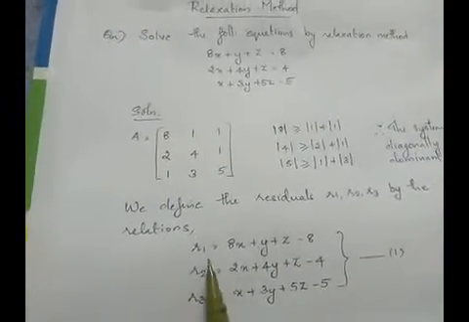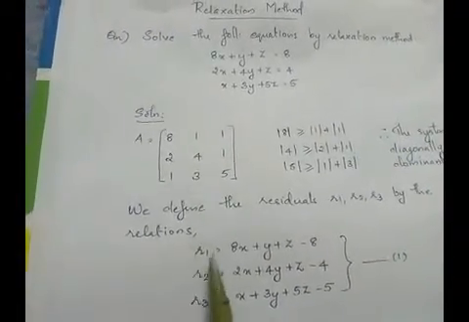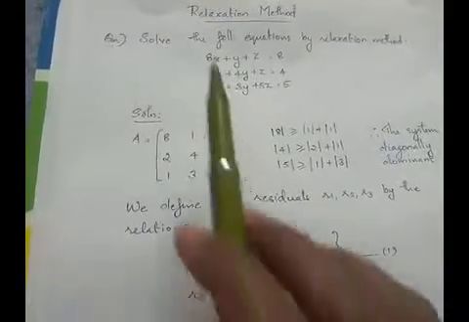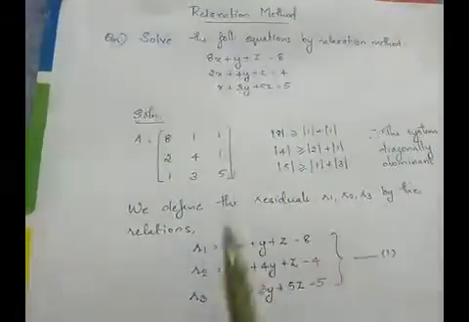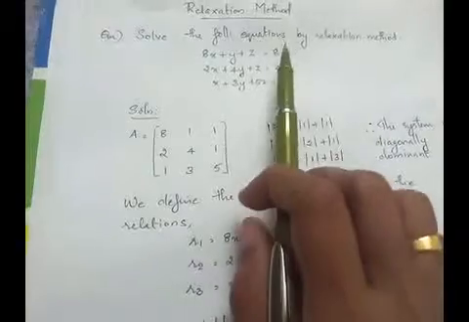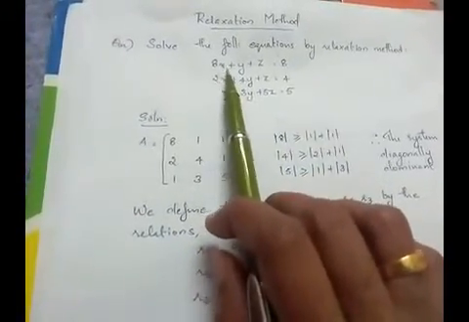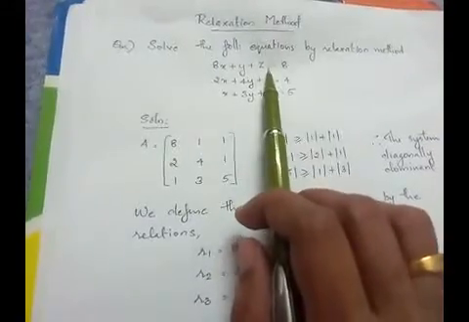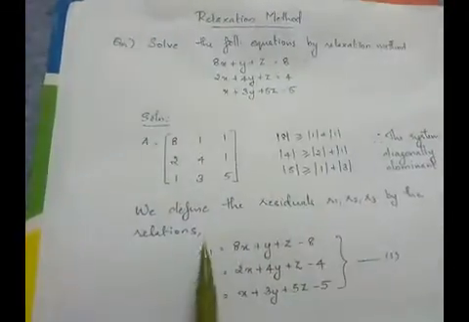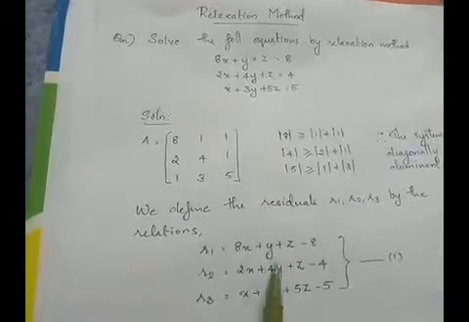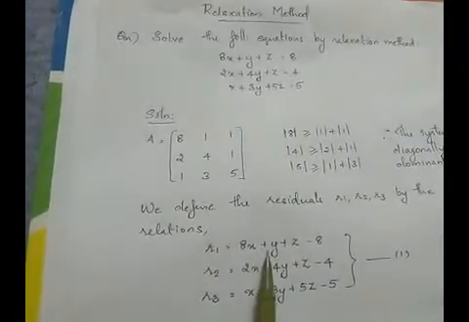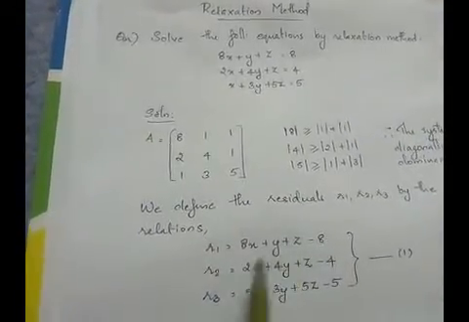So from the first equation, the residuals are written by taking all the values to one side. Here I have moved the constant to the left side. So I will get the equation 8x plus y plus z minus 8 equal to R1, so R1 is equal to 8x plus y plus z minus 8.